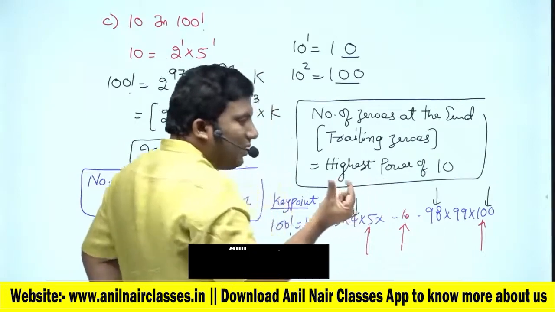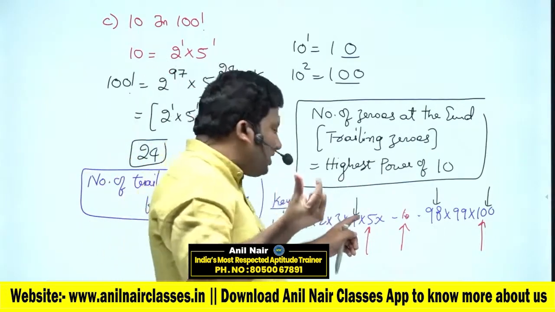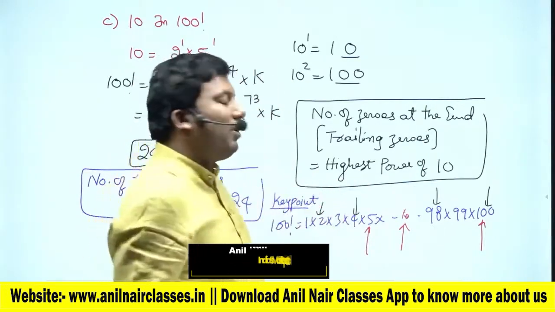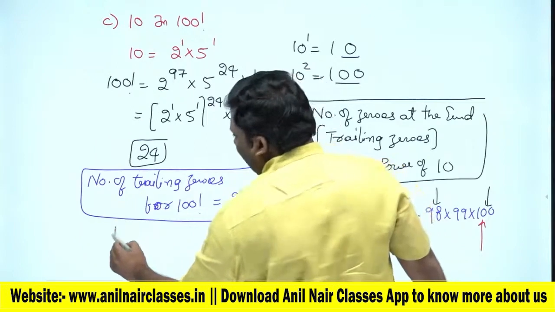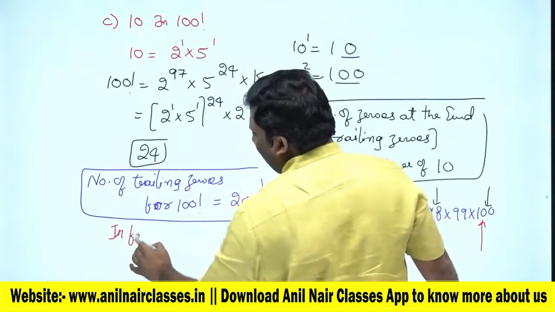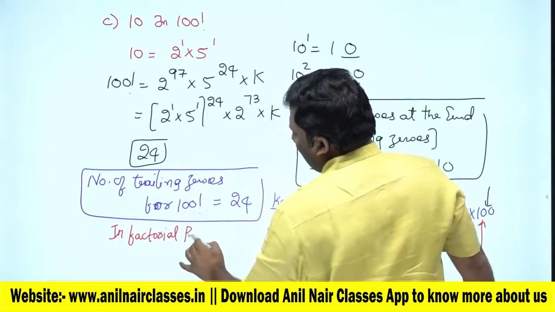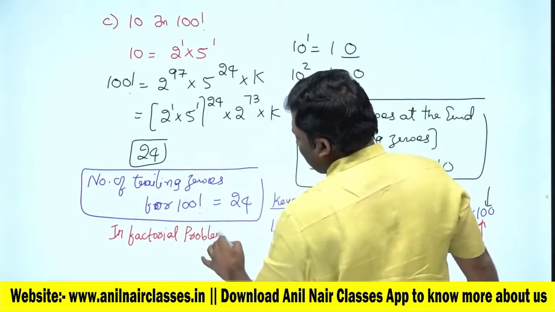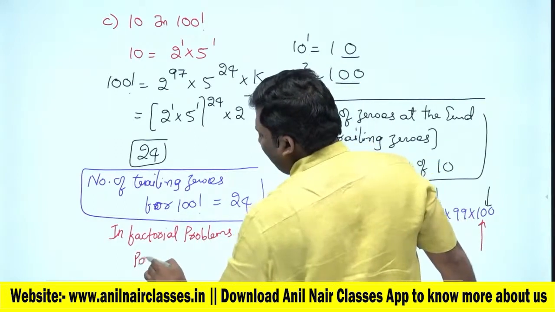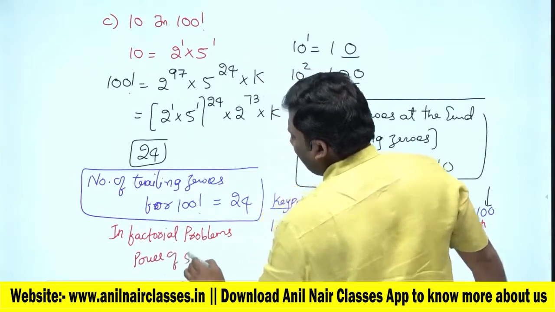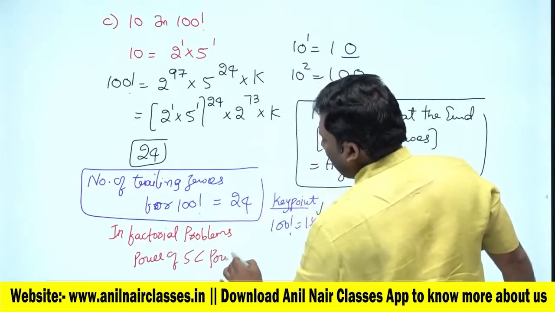So obviously the power of 5 will be less compared to the power of 2. Please write down this point. In factorial problems, the power of 5 is less than the power of 2. Very, very important key point.